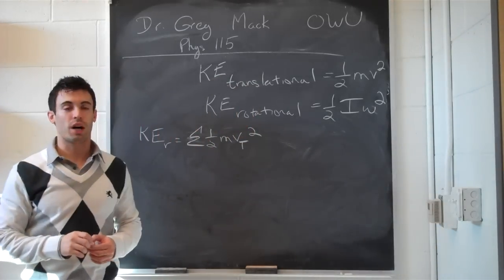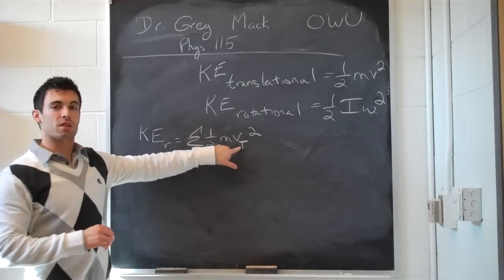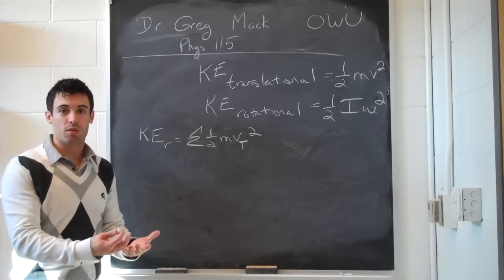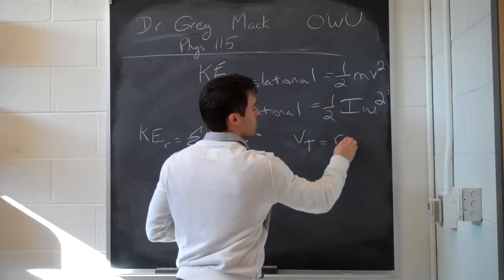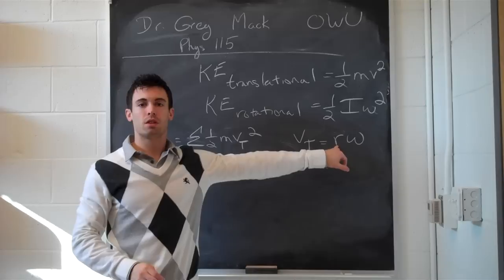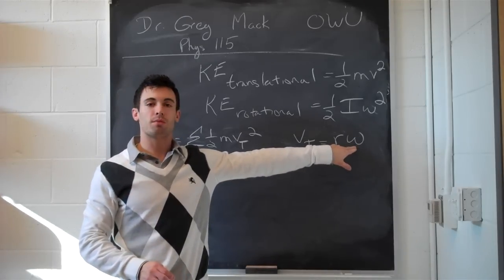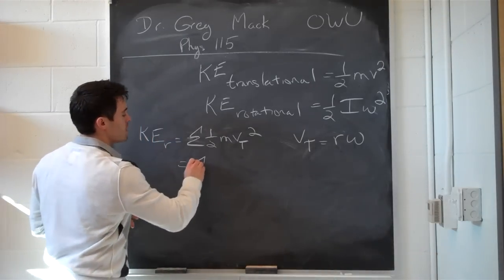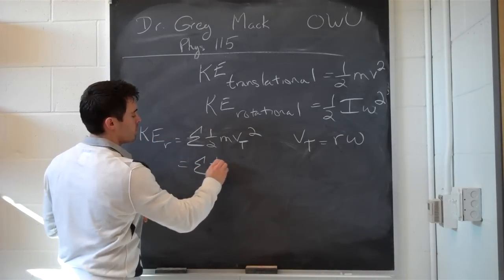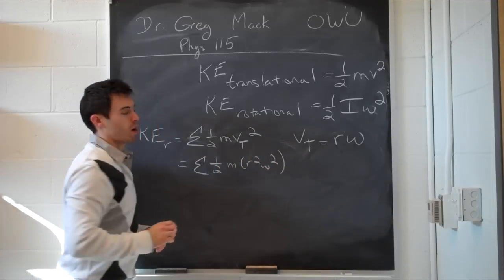The tangential velocity. And we know how to relate that tangential velocity to the angular velocity that we've been describing, where v_t is equal to the radius of our object, or how far that thing is from the center, times the angular velocity. And so that's going to be equal to 1/2 m times r squared omega squared.